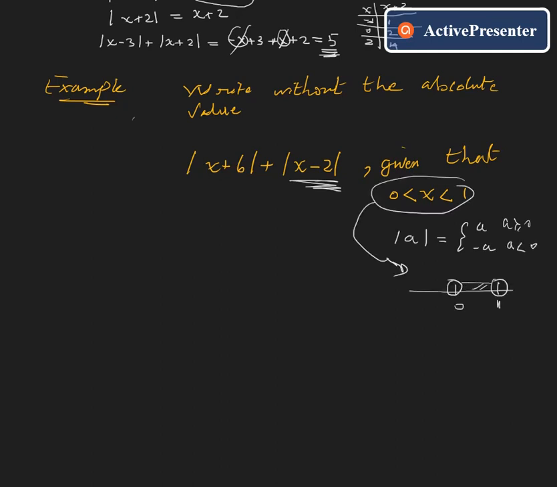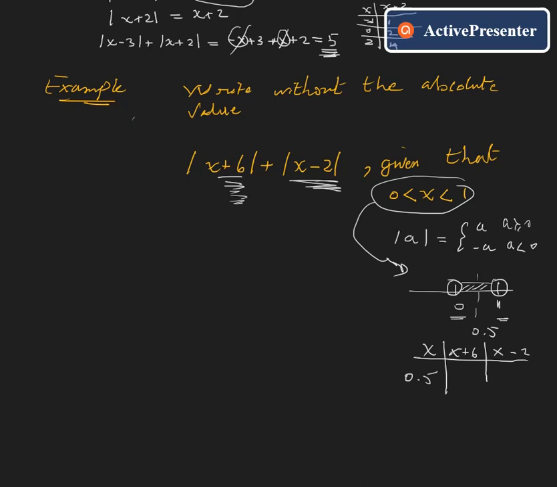So we will never take the values of 0 and 1. We will take something between them, which is a number like 0.5. So if I take 0.5, let's check what is x plus 6 and what is x minus 2.